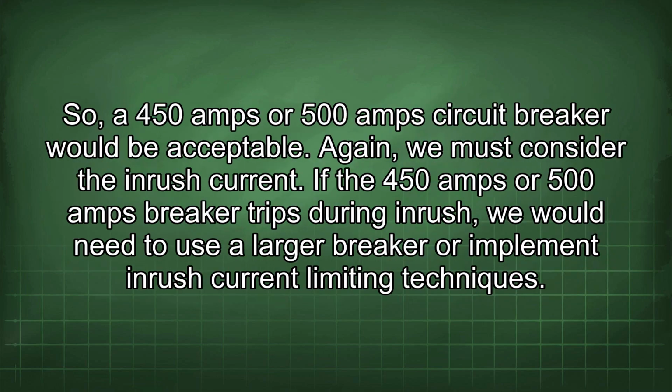So, a 450 amp or 500 amp circuit breaker would be acceptable. Again, we must consider the inrush current. If the 450 amp or 500 amp breaker trips during inrush, we would need to use a larger breaker or implement inrush current limiting techniques.